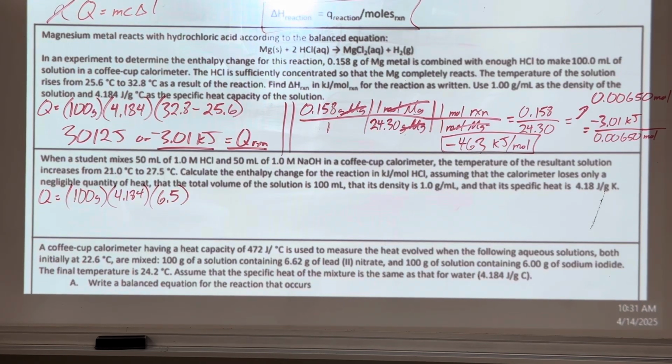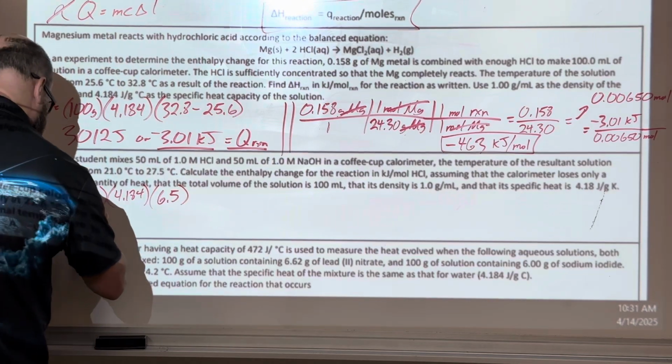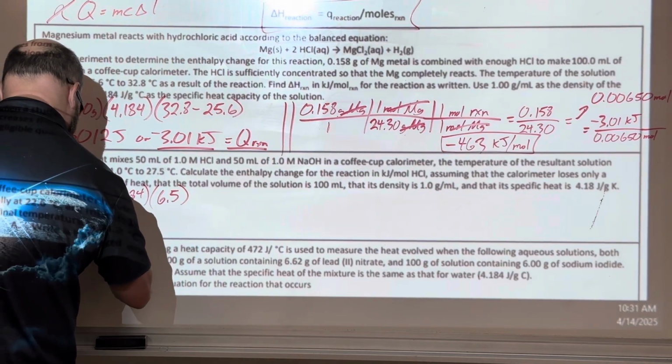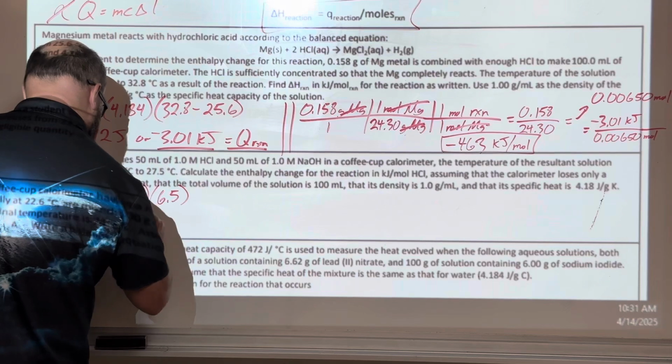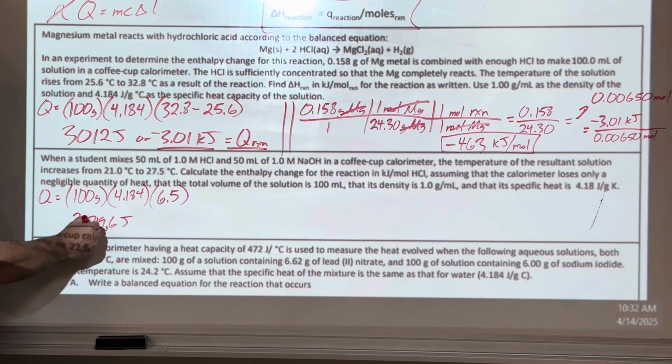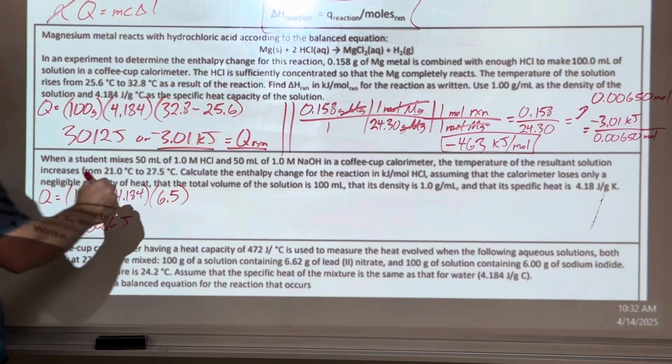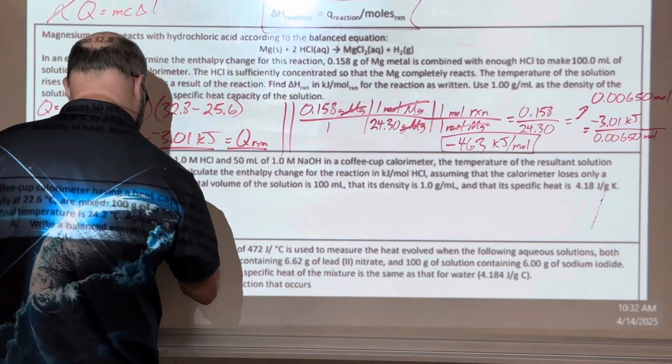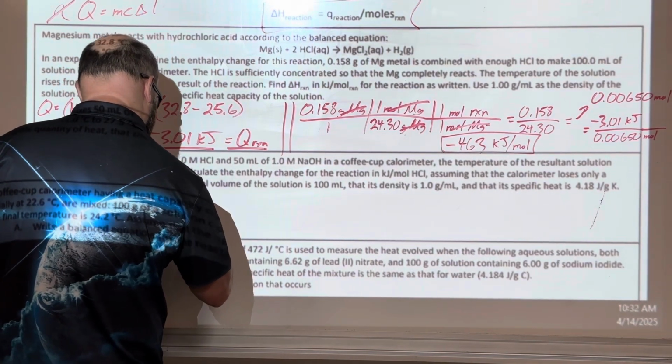Now, let's see what we get for that. 100 times 4.184 times 6.5, 2,719.6 joules, or if we want to put it in kilojoules, move that decimal 1, 2, 3 spots, we get 2.7 kilojoules.